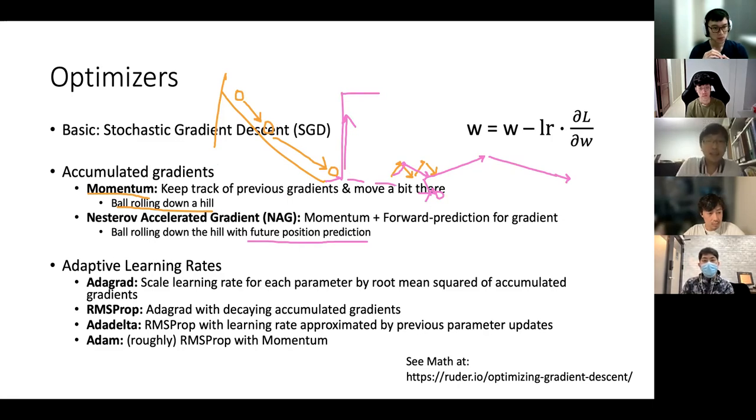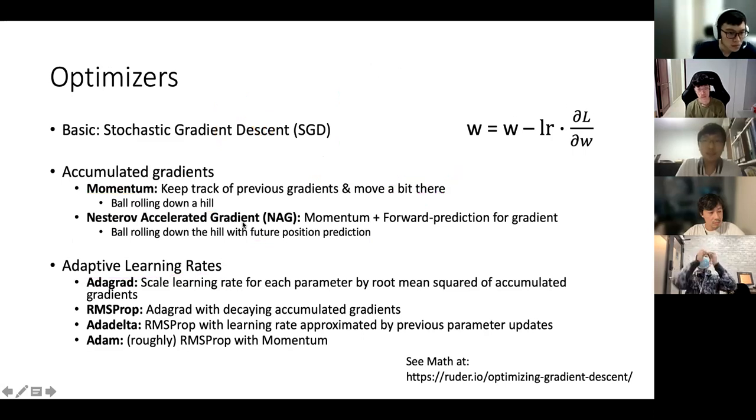The last four methods here are quite interesting. They are saying that for gradient descent here, let me just clear the entire screen, our parameter update over here, this learning rate, is the same for all parameters.